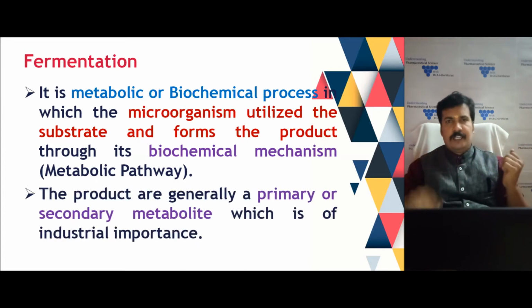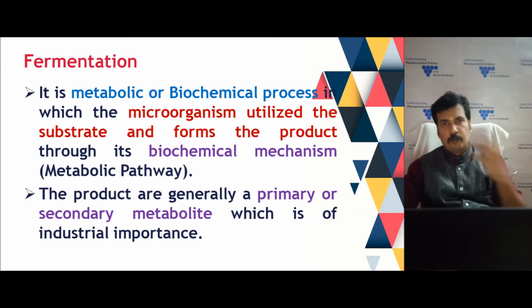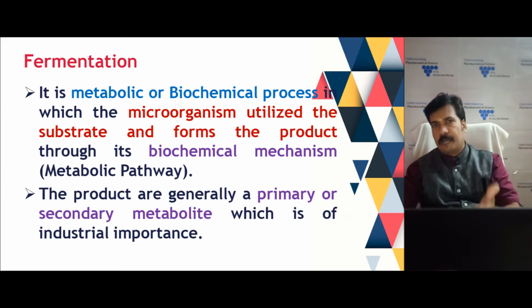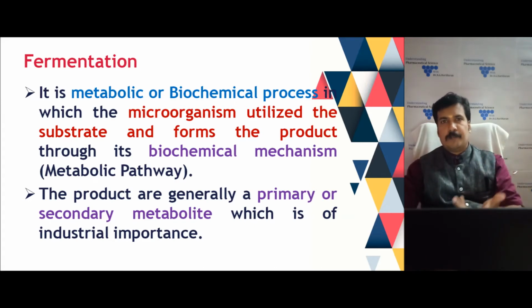Likewise, the products generally produced through fermentation come from this metabolic pathway. The metabolic product is of industrial importance. This may be a primary metabolite like glutamic acid, or a secondary metabolite like penicillin, an antibiotic, or vitamins, or an alcohol, right?